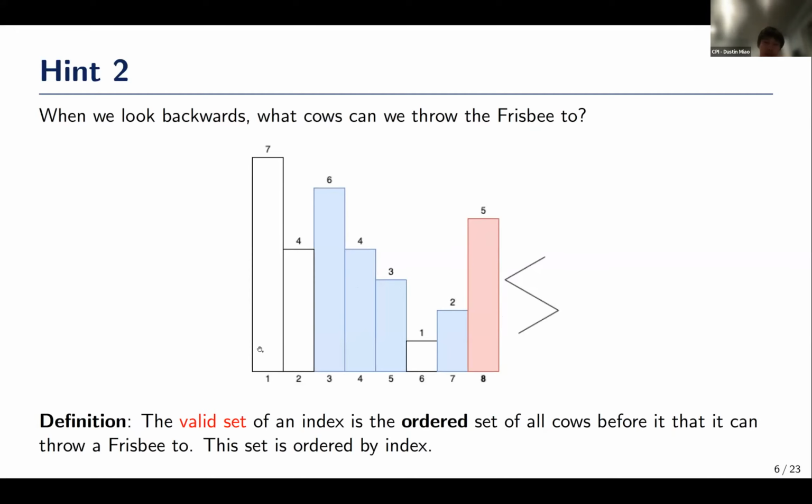So we make the definition that this is a valid set, and a valid set of an index is a set of cows you can throw a frisbee to. The valid set is colored blue in this example, and the valid set is also ordered. So the ordered set would be 3, 4, 5, 7 in the order of the indices.